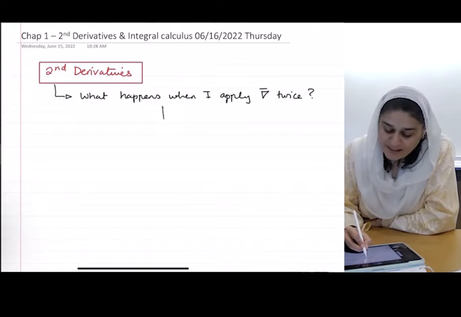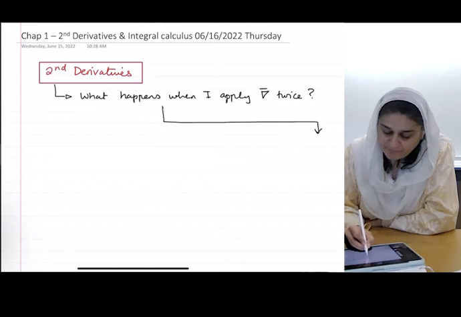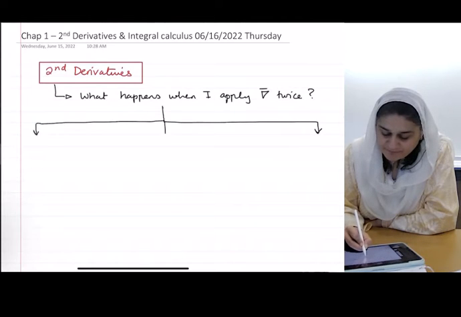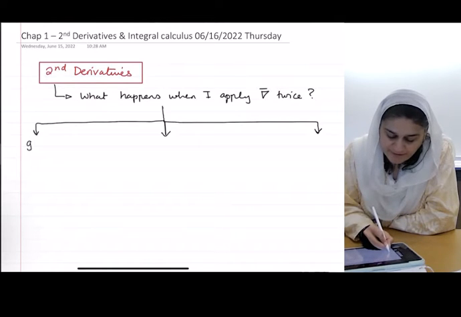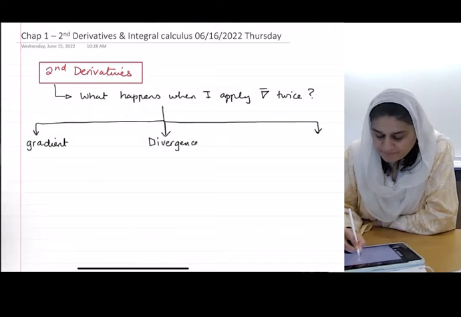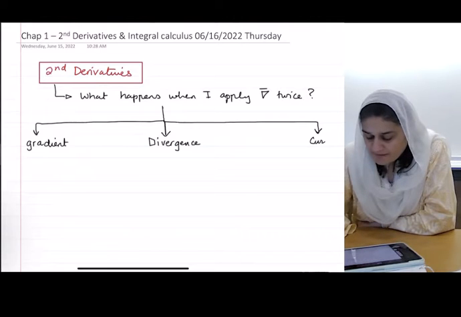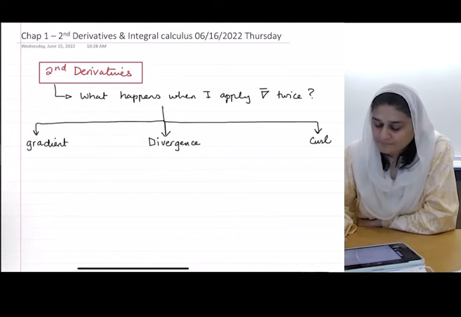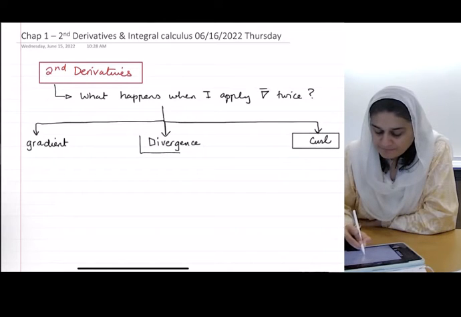Again, 3 things can happen: one would be the gradient, one would be the divergence, and one would be the curl, following the same pattern.